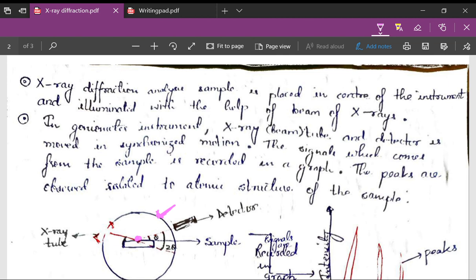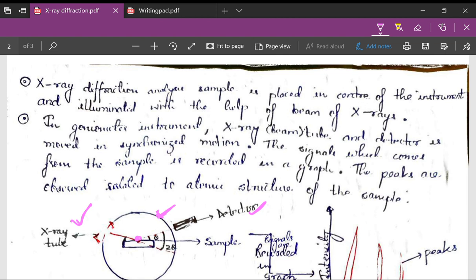So in the goniometer, what happens? The X-ray tube and the detector are moved in synchronized motion.